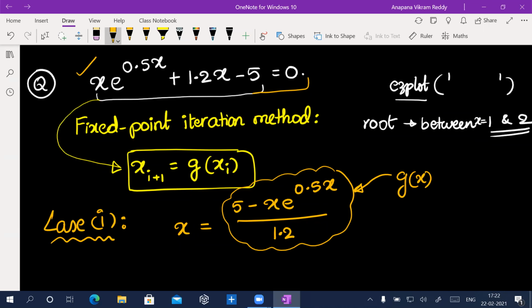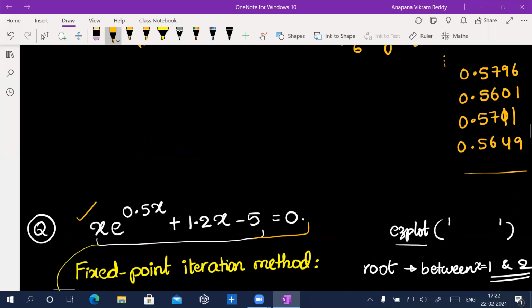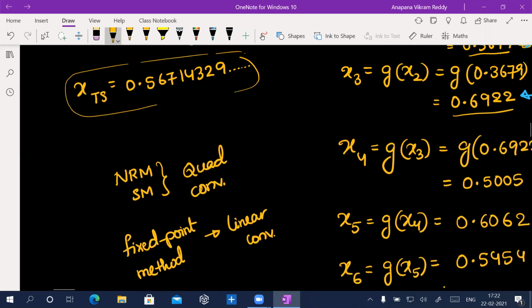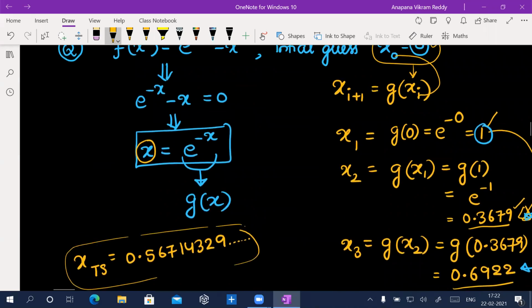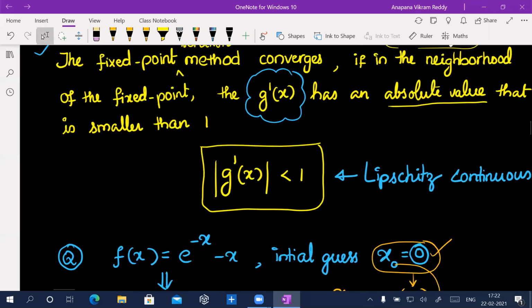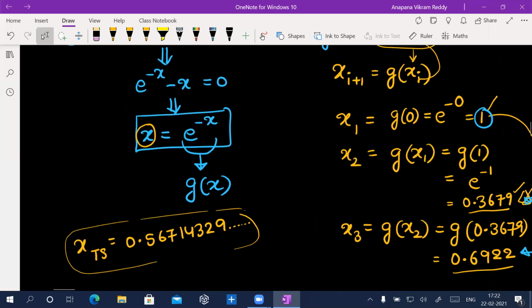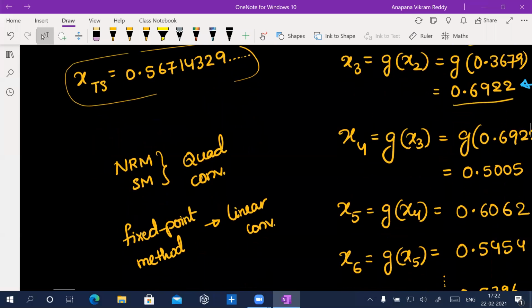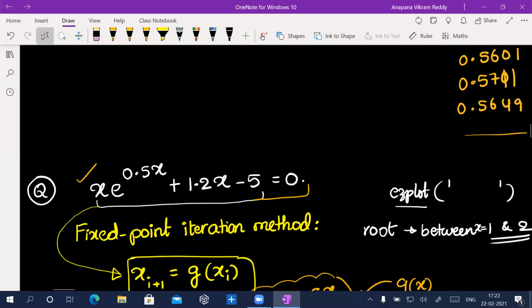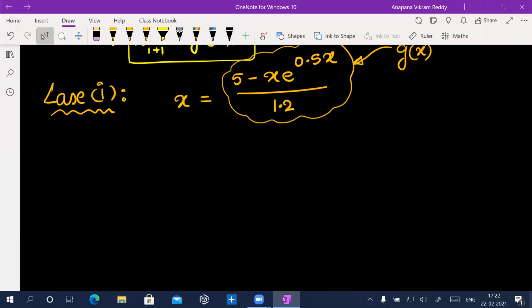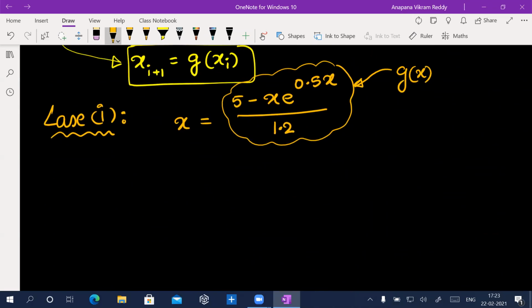Now, according to the Lipschitz continuous condition, whatever g of x you choose, you find its first derivative, and its absolute value must be less than 1, near the fixed point. That is important. So this is my g of x, and I would like to find its first derivative, g prime of x.